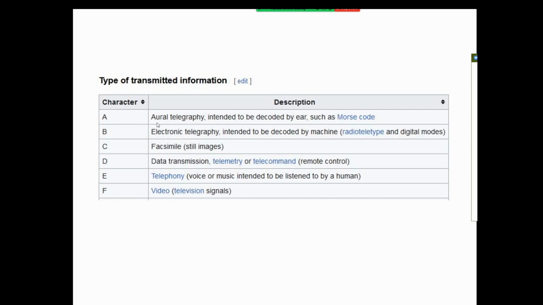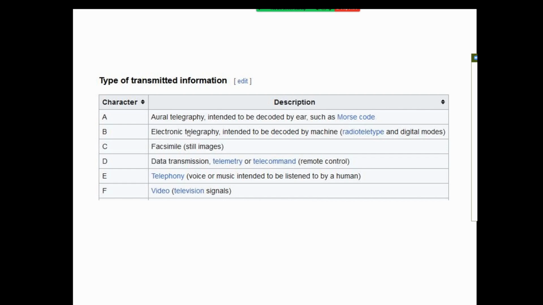You started with A, aural telegraphy, which is the telegraph that's intended to be decoded by ear. So you actually had somebody on the other end. Samuel Morse is sending out his Morse code, and the receiver is listening to it and writing it on a piece of paper. That's basically where all this started.